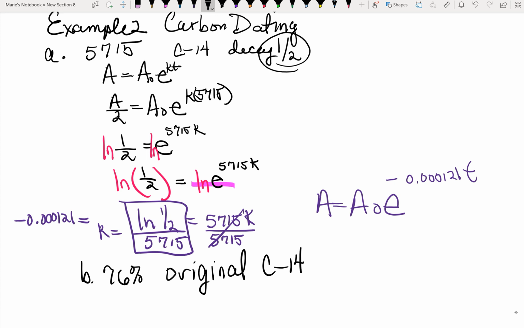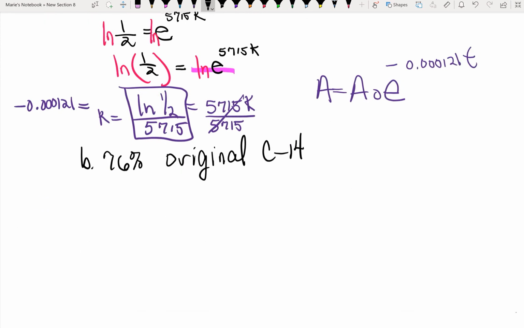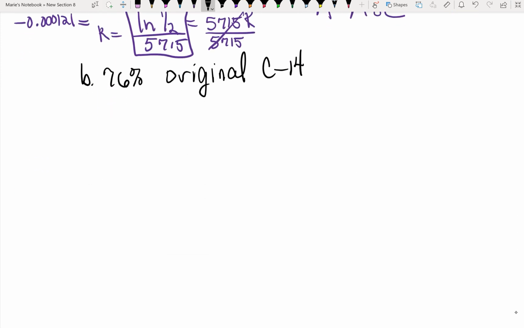So if we want to estimate the age of the scrolls, we would simply take the model, which is 0.76 times A equal to A sub 0 e to the negative 0.000121t.